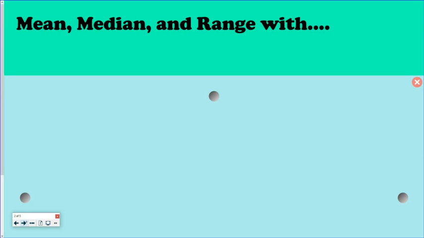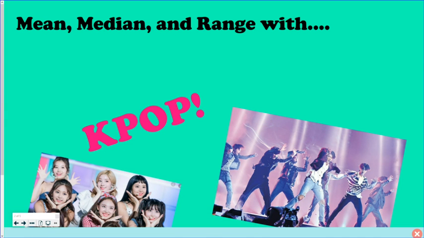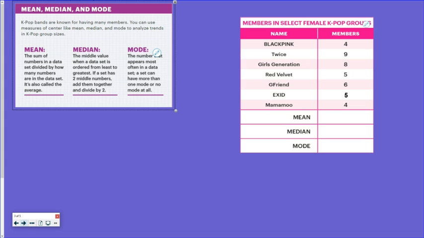So our practice today, during class, we did mean, median, and range by looking at different K-pop groups and how many members are in these K-pop groups. So on your paper, we're going to look at this list of female K-pop groups.